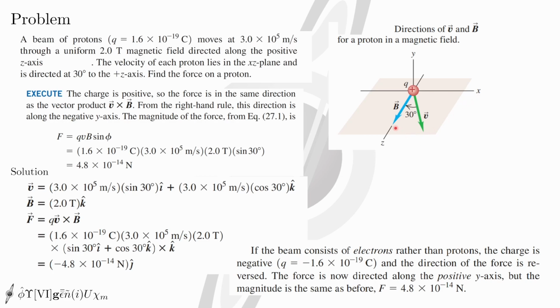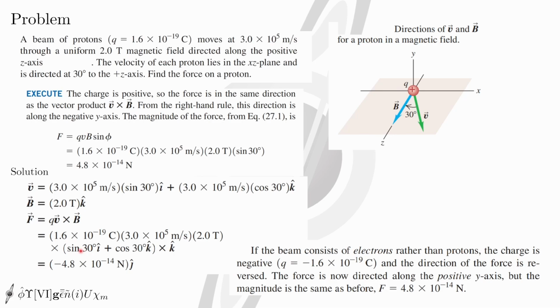So for the x component, we're going to use sine 30 degrees, and for the z component of velocity, we're going to use cosine 30 degrees. Now we also have the magnetic field, which is directed parallel to the z-axis. In vector notation, that would be 2.0 Tesla k hat.